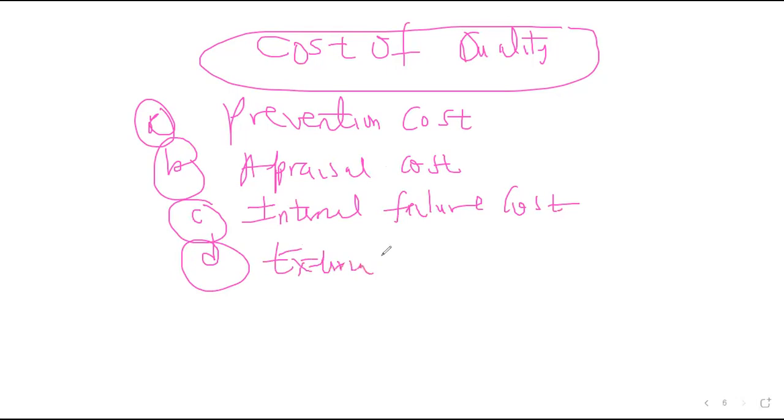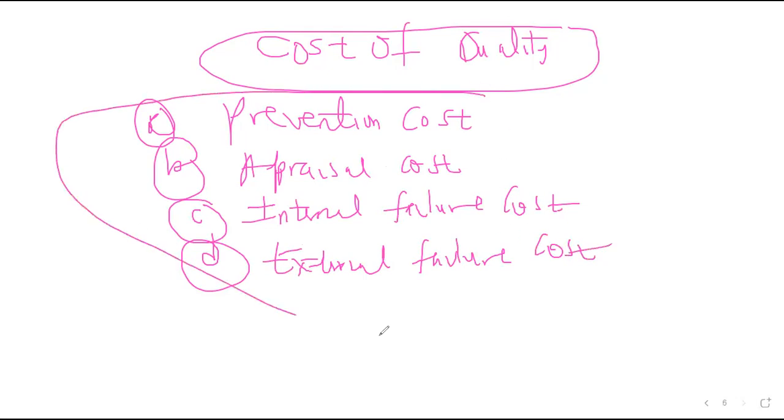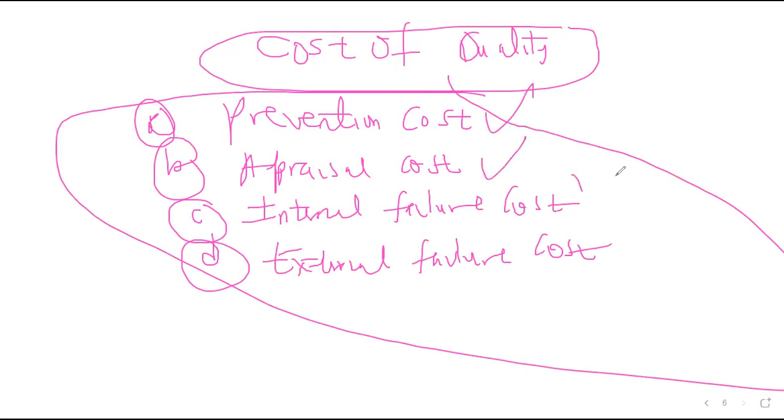External failure cost. So these are the four costs of quality that we actually have. Okay. So this is just about what we need to know.